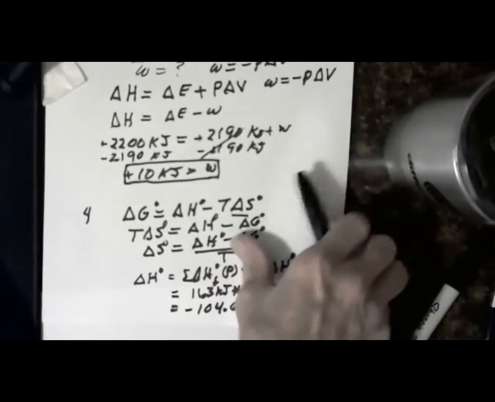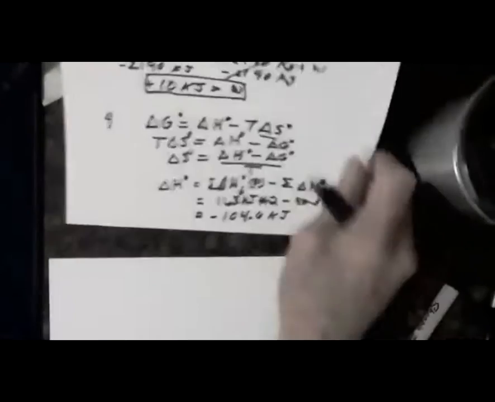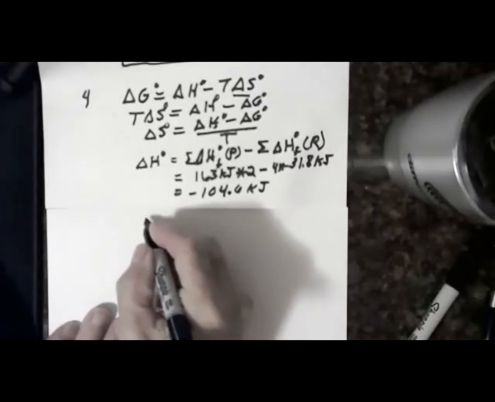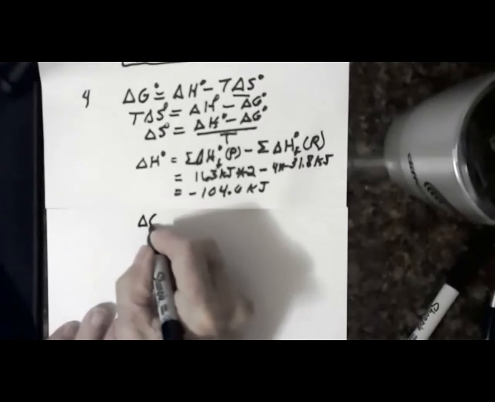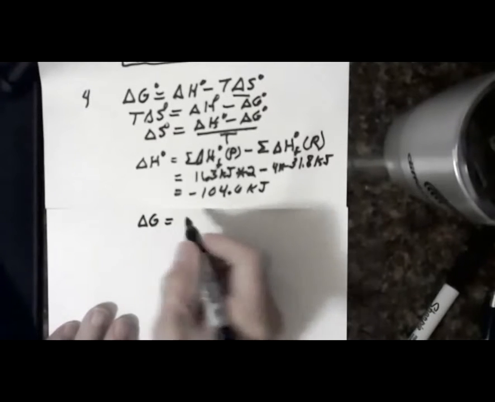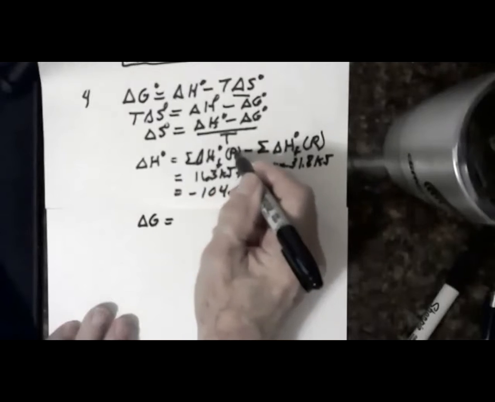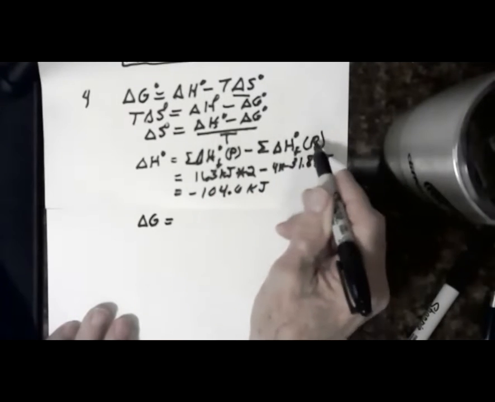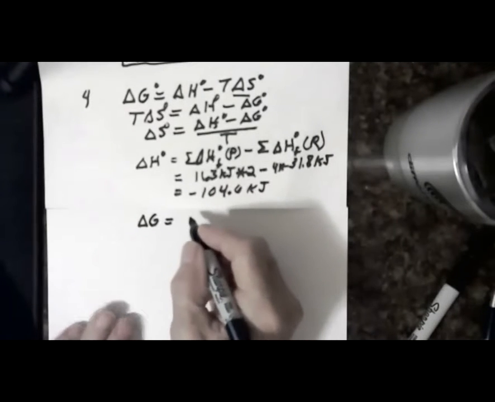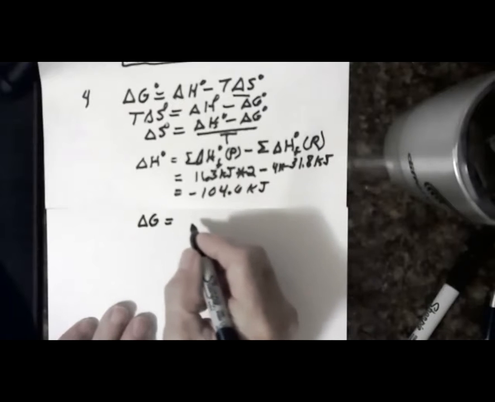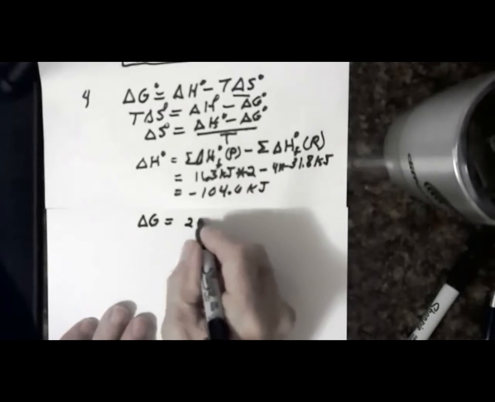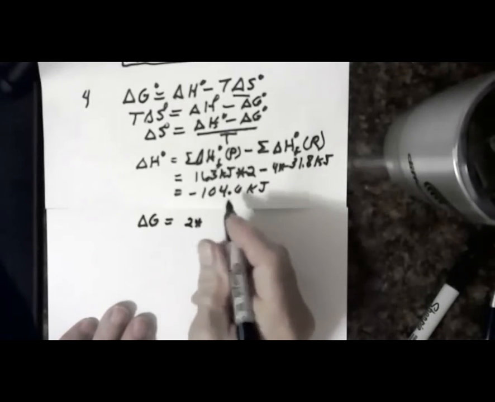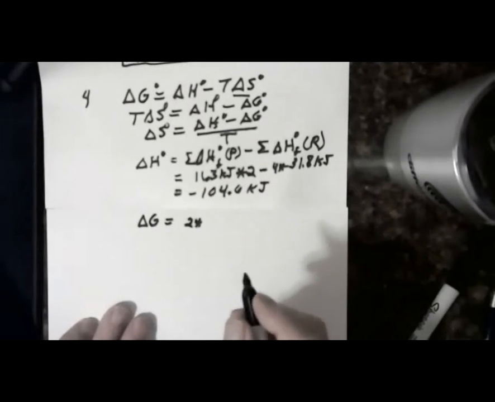Now, let's go to the next part, which is to calculate the delta G. It's the same formula: the delta G of formation of products minus the delta G of formation of reactants. So I can do the same numbers. I have 2 moles of the N2O5, and the delta G column is 115.1.